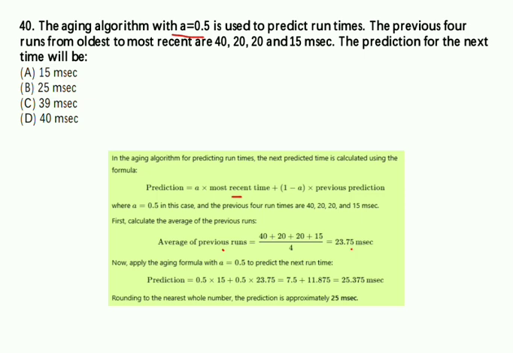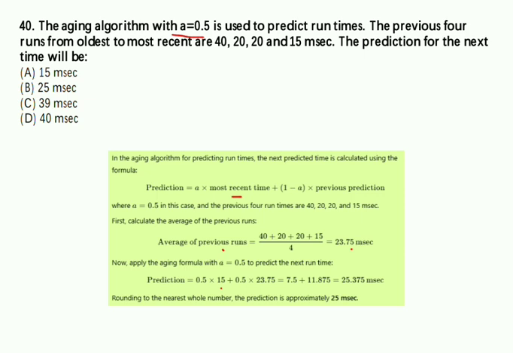Now we apply the aging formula with A equals 0.5 to predict the next runtime. So we already have the older values, and we have to predict the next runtime. So prediction equals 0.5 times the most recent time, that is 15, plus 0.5 times 23.75 milliseconds, that is the average of the previous runs.